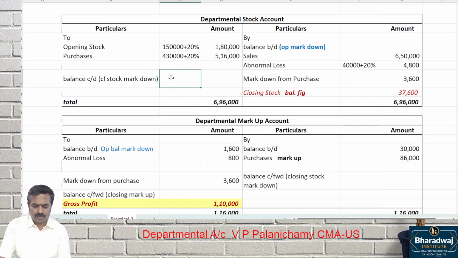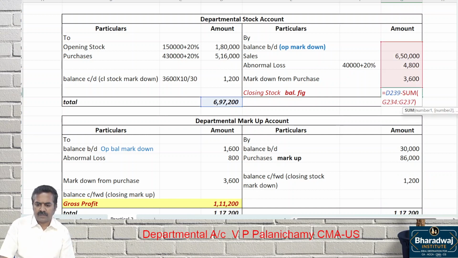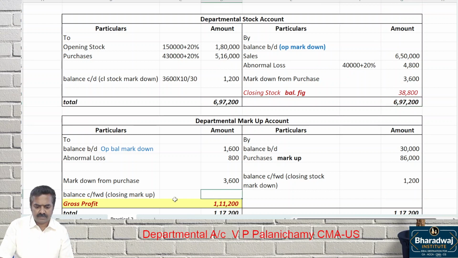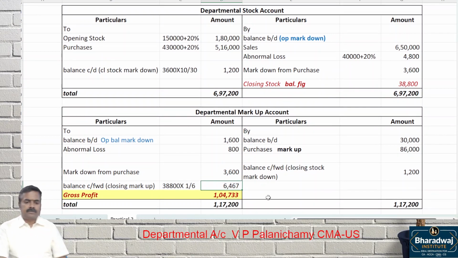And the proportionate amount 3,600 into 10,000 by 30,000. 10,000 by 30,000. So as a balancing we get how much? 38,800. 38,800 into 1/5 on cost, 1/6 on sales. Correct, right?